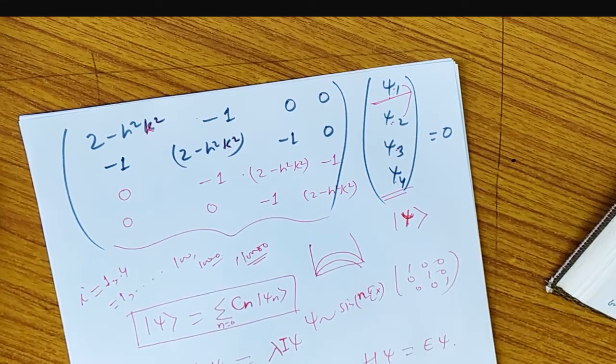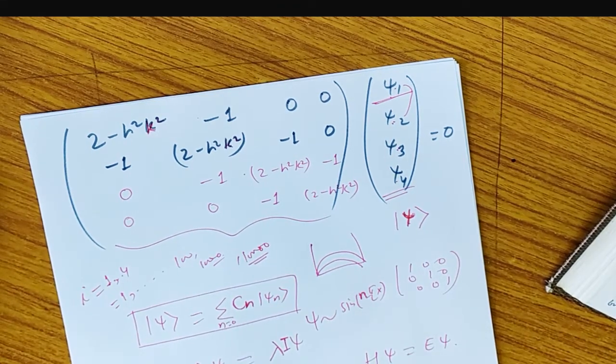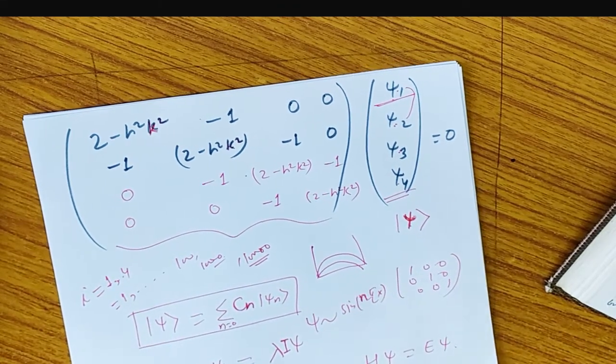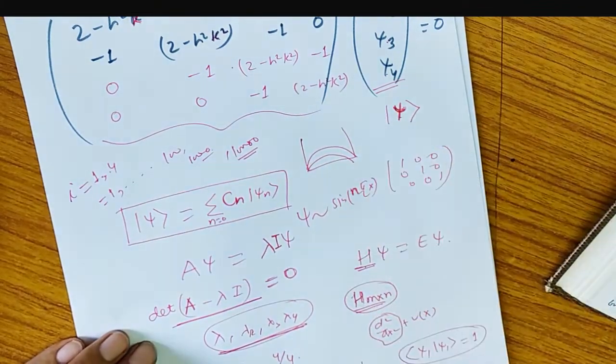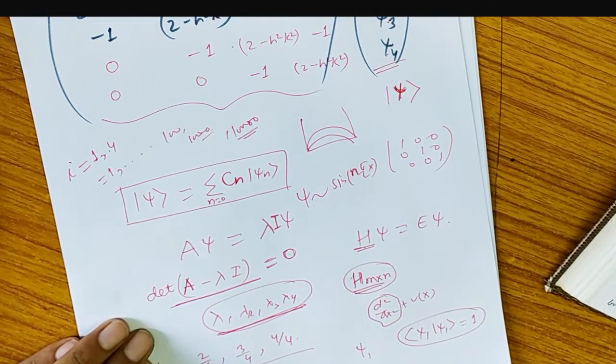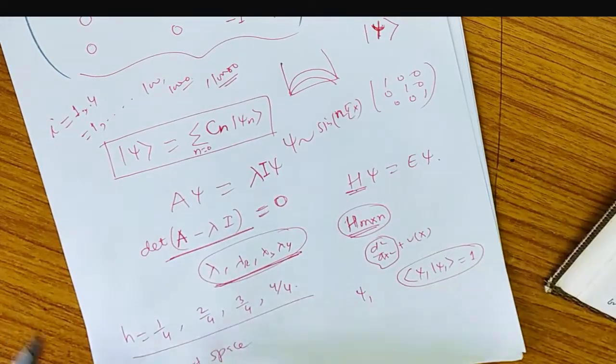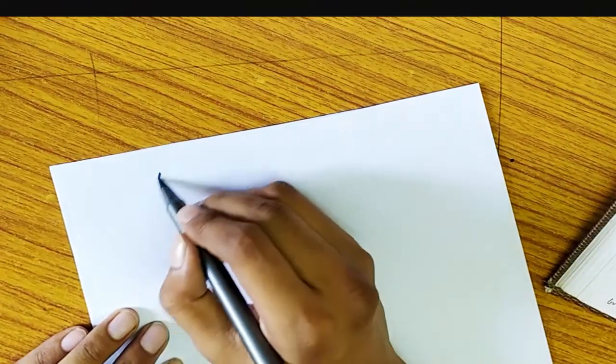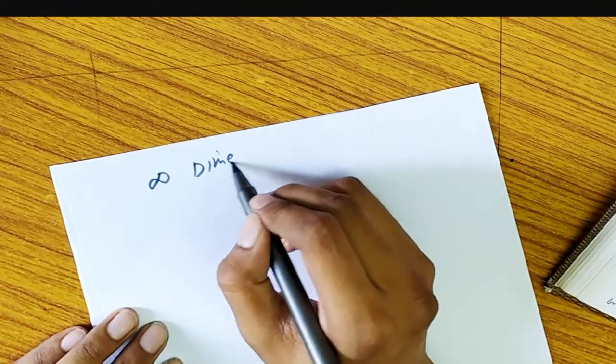N can be 0 to infinity, minus infinity to infinity, or 1 to infinity. The interesting thing arises here that this corresponds to Hilbert space, and this whole thing corresponds to Hilbert space. The definition of Hilbert space is that it has to be infinite dimensional.